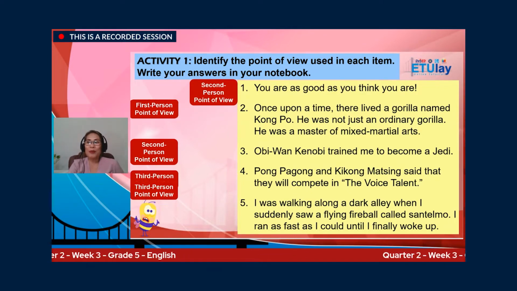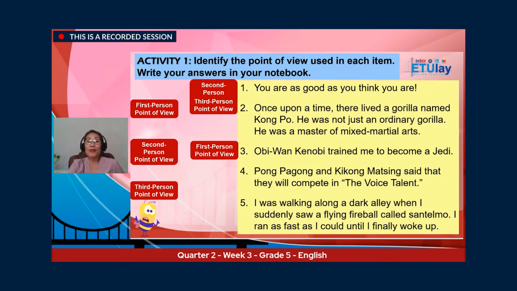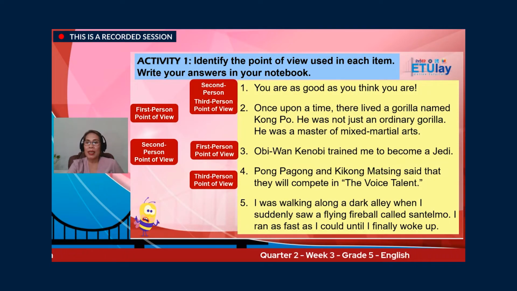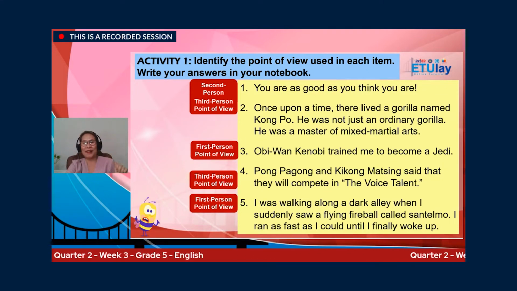And number 2, it is third person point of view. The number 3 is first person point of view. Number 4, third person point of view. And the last item is first person point of view. You got it right. Very good.